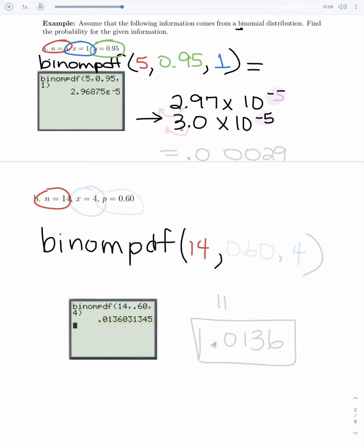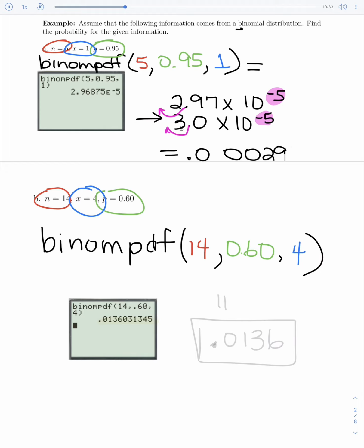Then our probability of success is next, but they actually didn't give that to us second, which is 0.60. And then lastly, what we'll enter in after our last comma here would be our x, which is 4. We'll close that off.